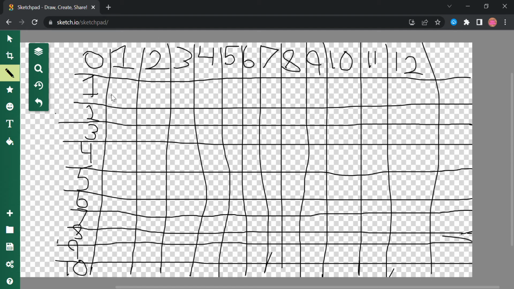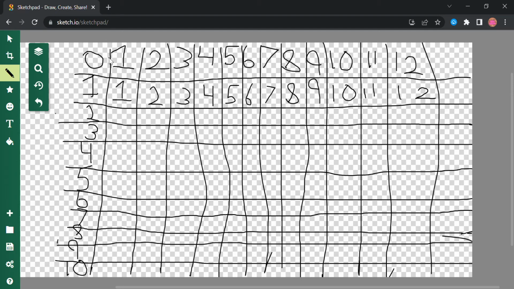So 1 times 1 is 1, 2 times 1 is 2, 3 times 1 is 3, 4 times 1 is 4, 5 times 1 is 5, 6 times 1 is 6, 7 times 1 is 7, 8 times 1 is 8, 9 times 1 is 9, 10 times 1 is 10, 11 times 1 is 11, and 12 times 1 is 12.